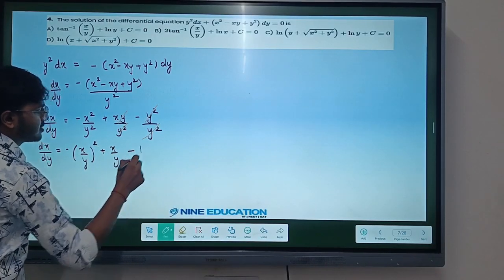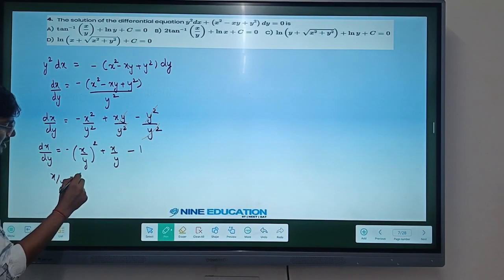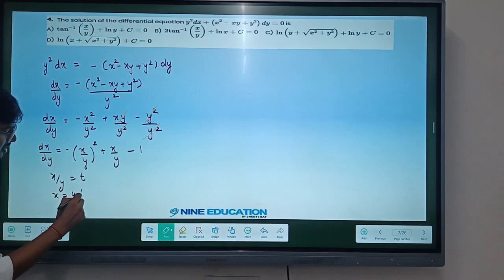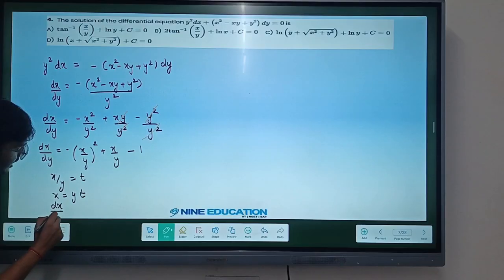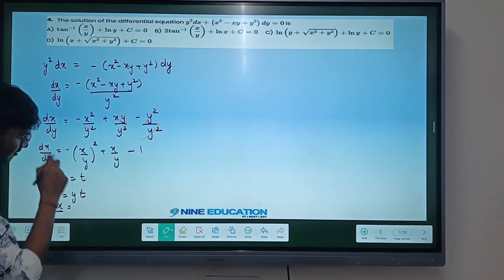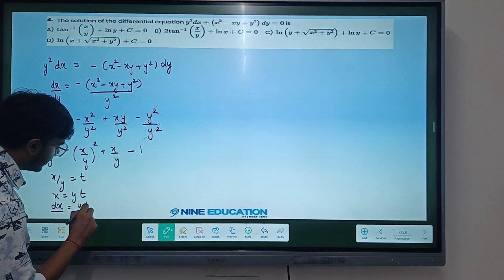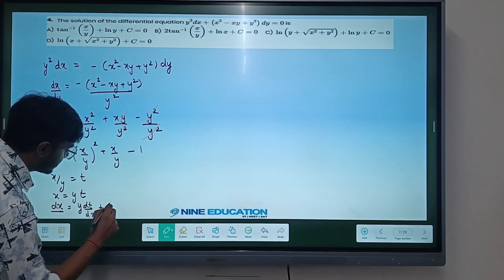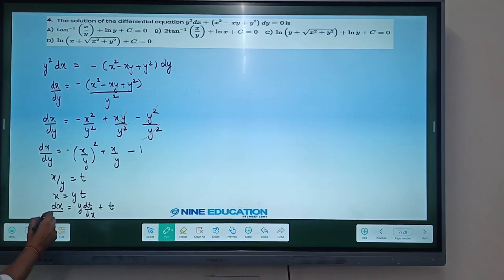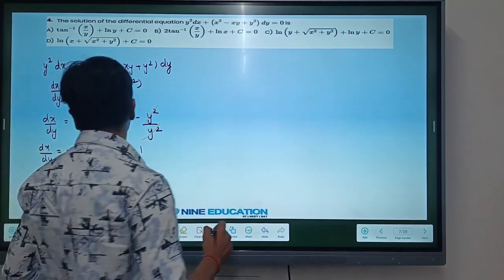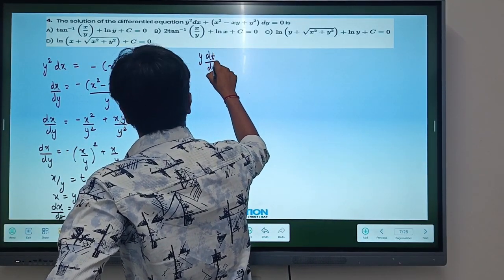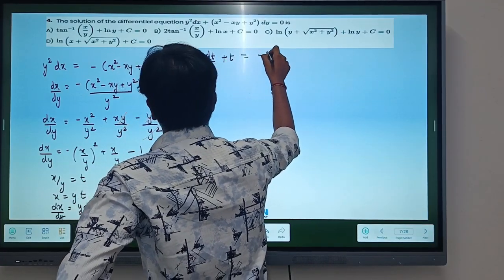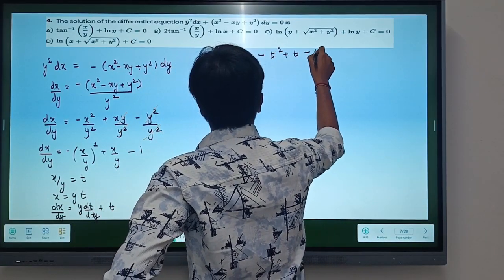So we get dx by dy as minus of x by y whole square plus x by y minus 1. So what we can do, we can take x by y as t. So x equal to yt. If I differentiate, differentiation of x is dx by dy, and differentiation of y t is y dt by dy plus t. So if we substitute here, what will I get? y dt by dy plus t equal to minus t square plus t minus 1.